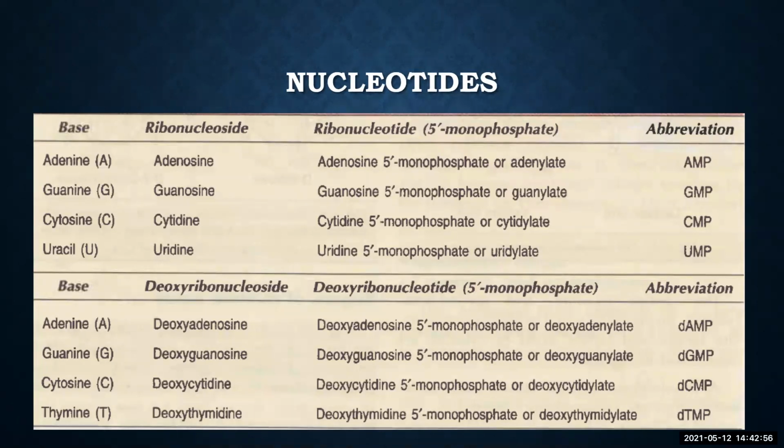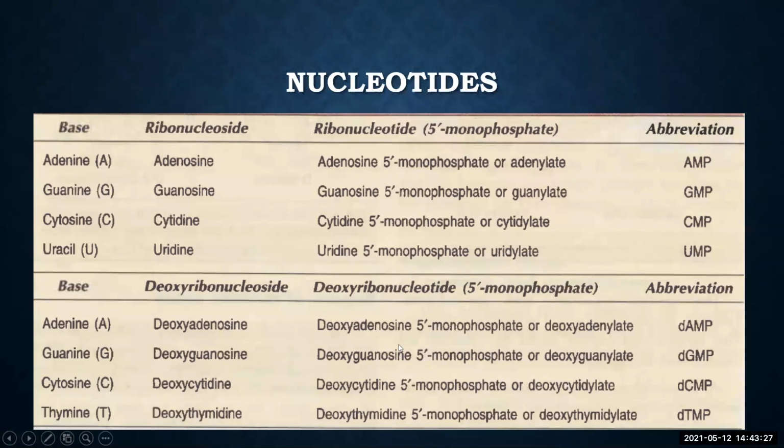For the purine base adenine, with deoxyribose as the sugar, the name becomes deoxyadenosine monophosphate, or d-adenosine monophosphate. The short form is small d, then capital AMP.